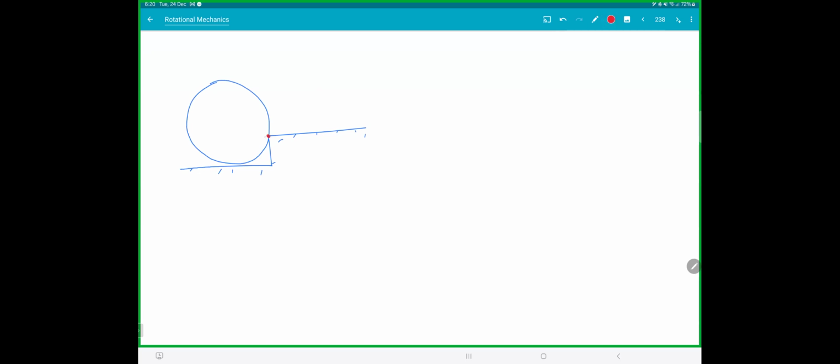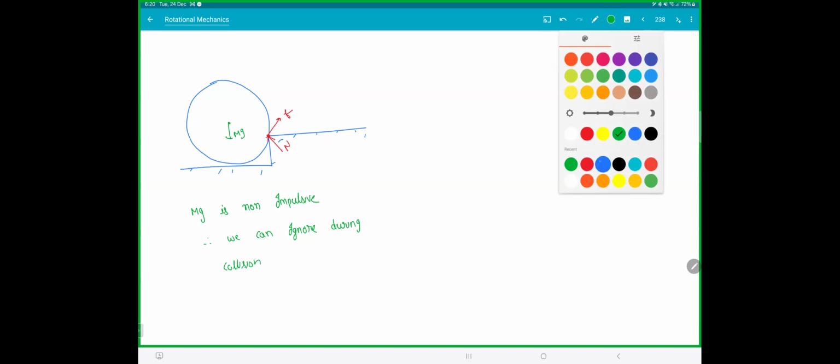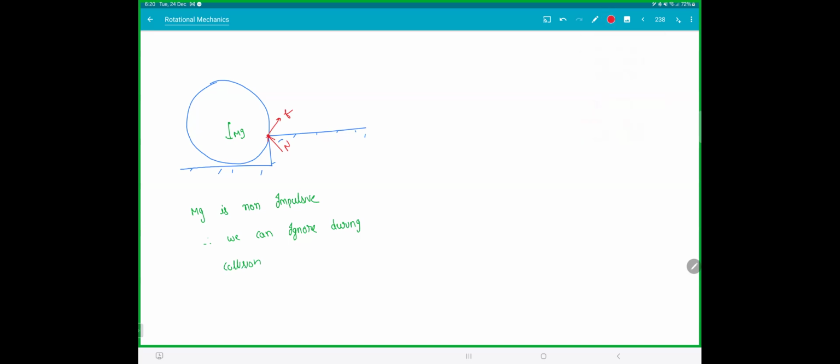At this point, you will observe there is a normal reaction, there is a friction, there is also an mg, but mg is a non-impulsive force, so we can ignore it for that small time of collision. So if you take this point A, torque about A is almost zero. Therefore, angular momentum about A is constant.